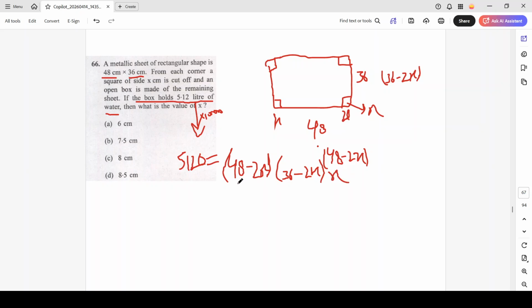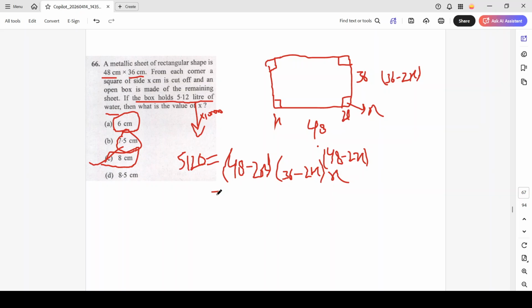Now if we calculate, this will become a third degree equation. So it is easier for us to take an option as the value of x and confirm with each option. So when we take the value 8 as the value of x, we find that this will confirm.